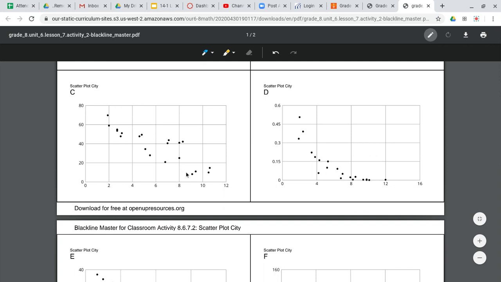Is this going in a positive direction or a negative direction? Negative. So we have another negative here. What about D? Do we have a positive association or a negative association? Negative association. We're going down and to the right. So negative.